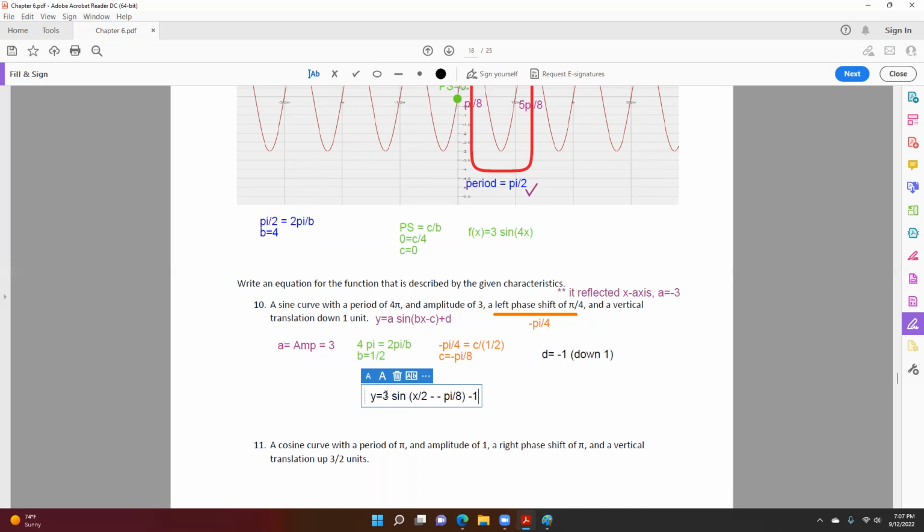So again, A is 3, B is 1/2, C is negative pi over 8, and D is -1. And we know what you need to do with the two minus signs: they will become a plus. So this is the equation of this function, given the characteristics.